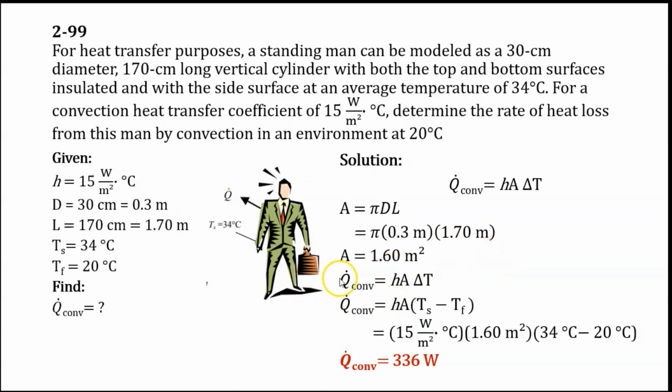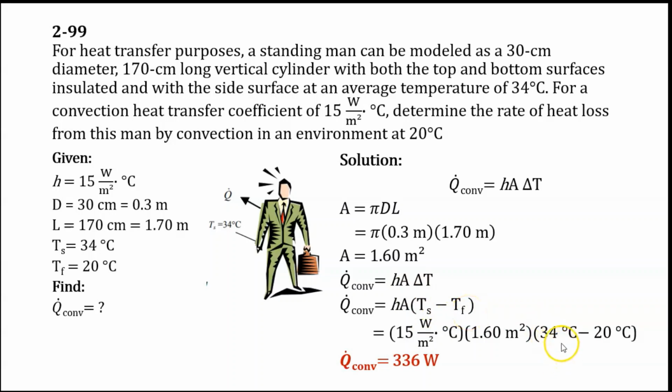So we have here the area. So we can now solve the rate of heat loss from this man. So we will now plug in the given values in this equation. We have the convection heat transfer coefficient of 15 watts per square meter degrees Celsius, and we have here the area, which is equal to 1.60 square meters multiplied by the change in temperature, which is equal to the surface temperature minus the temperature of the surrounding.